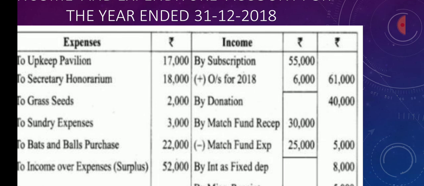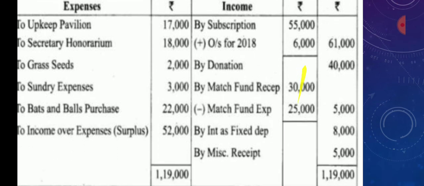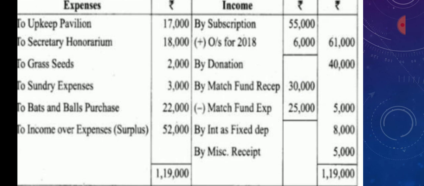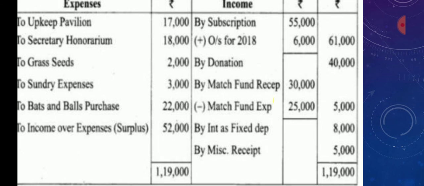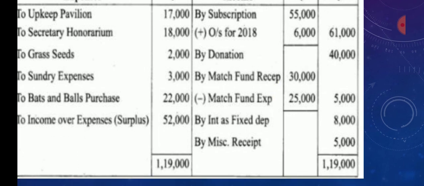By donation 40,000, by match fund receipt 30,000, less match fund expenses 25,000. So 30,000 minus 25,000, totally 5,000. By interest on fixed deposit 8,000. By miscellaneous receipts 5,000.